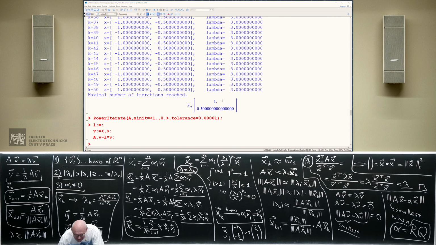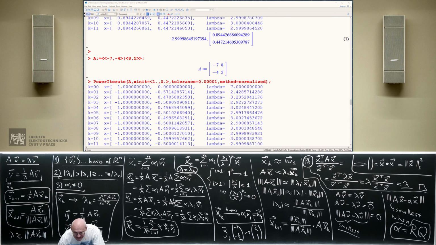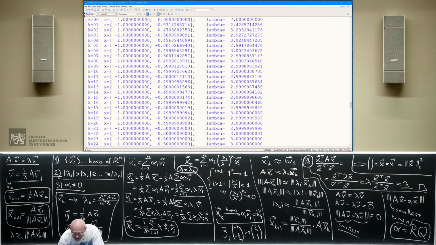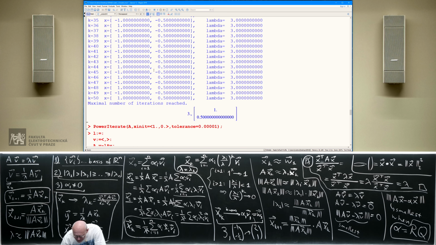Here we have our matrix, which had the negative eigenvalue, negative 7, 8, and so on. And the normalized power iteration failed. But now I'm going to apply the improved power iteration, the one with the Rayleigh quotient, and that's actually the default for my procedure. You can see that I do not really specify any method here.